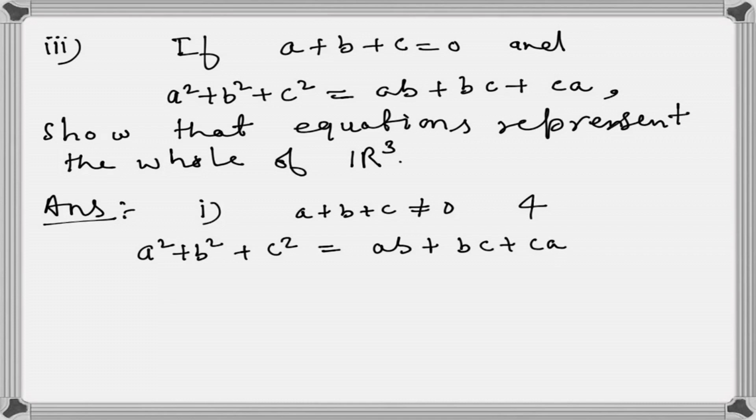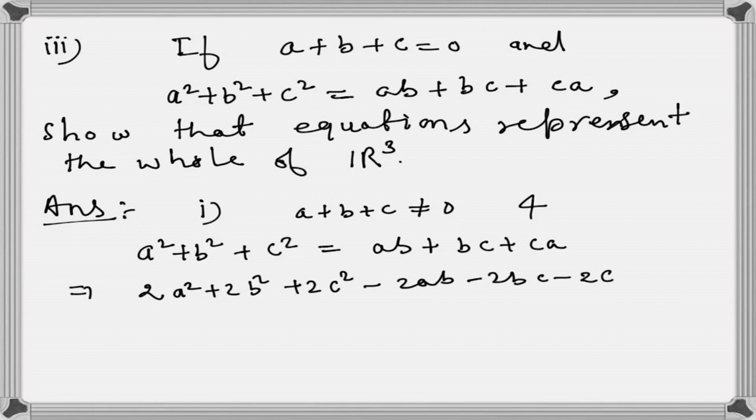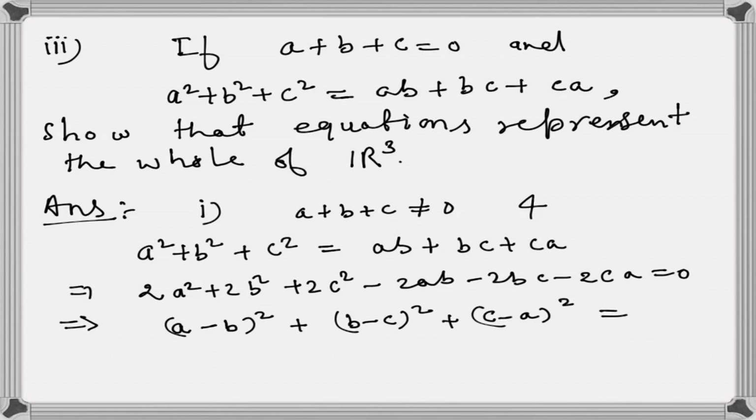So this simply means that 2a² + 2b² + 2c² − 2ab − 2bc − 2ca is 0. This implies that (a − b)² + (b − c)² + (c − a)² is 0.